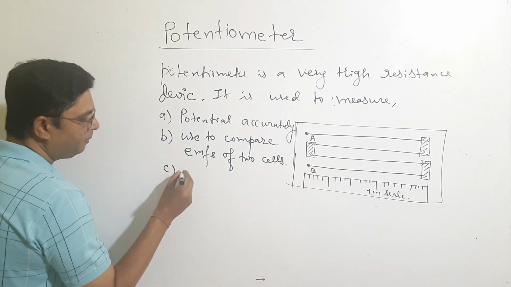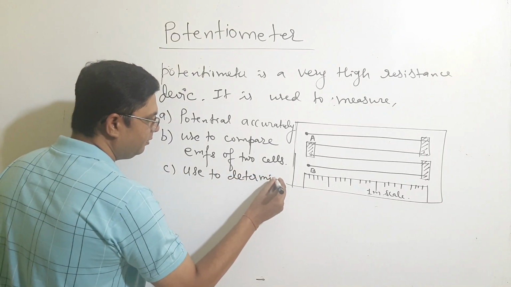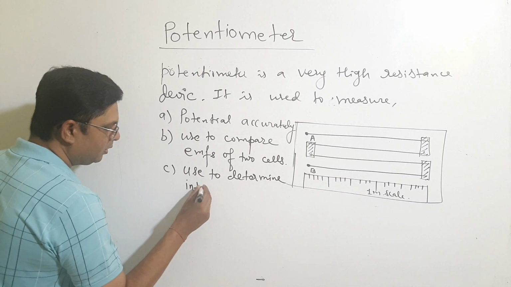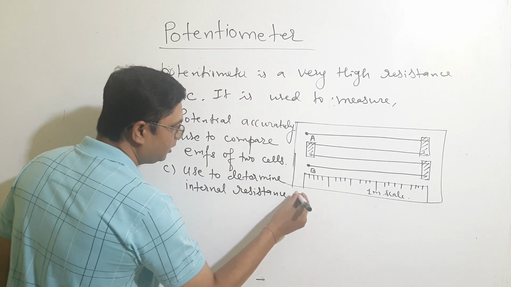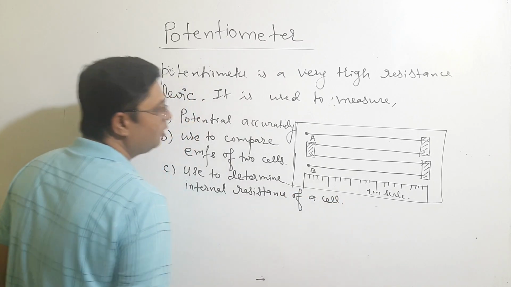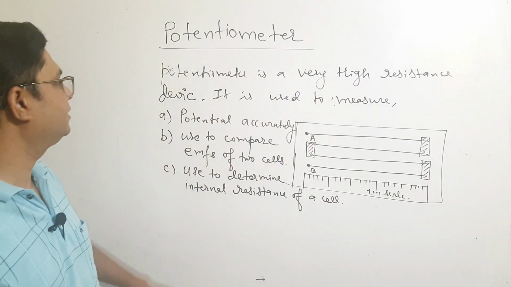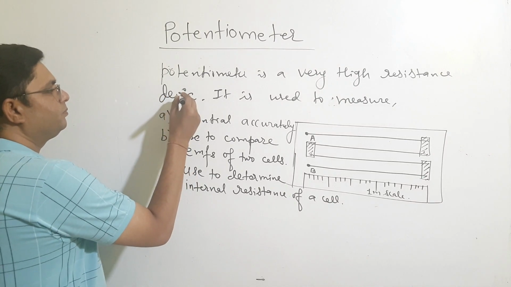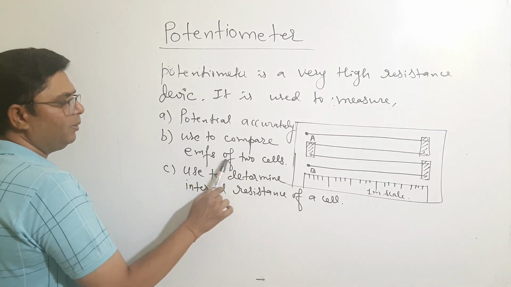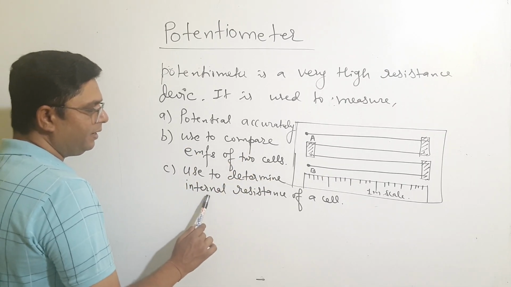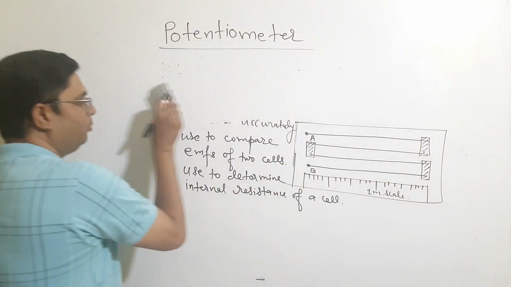And third, it is used to determine the internal resistance of a cell. So the potentiometer is a very high resistance device. Next you are going to see the principle of the potentiometer.